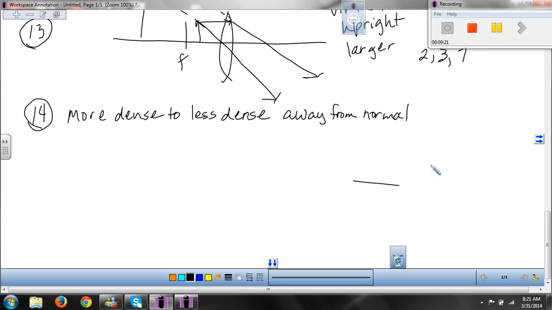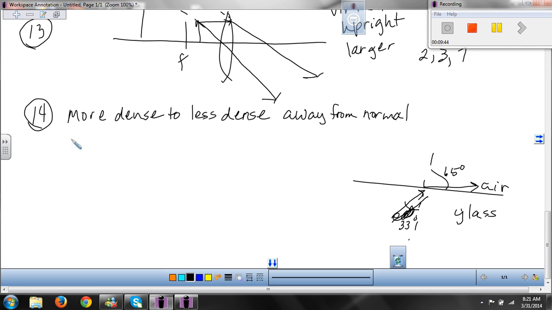So here's my normal. This is glass. This is air. So it comes in like that, and I'd say that angle is 33. When it gets out into the air, it's going to go something like that. So let's say that angle is 65.